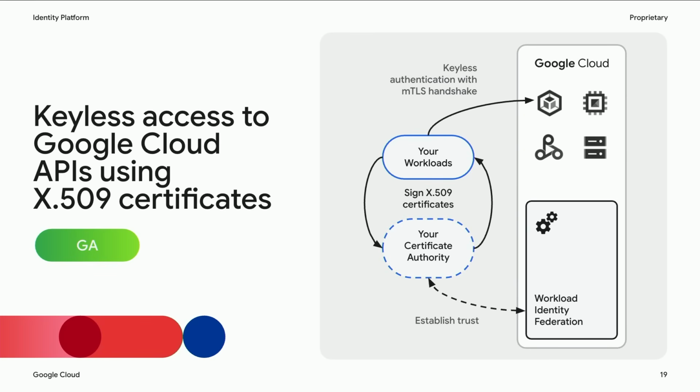One of them is keyless access to Google Cloud APIs using X509 certificates, which means that even if you have workloads outside of Google Cloud and they want to access Google Cloud APIs, you don't need to export, for example, service account keys. You don't need to bake these keys into your code base, which is very insecure, as you know. And through federation based on X509 certificates, you can have secure access from your workloads into Google Cloud APIs.